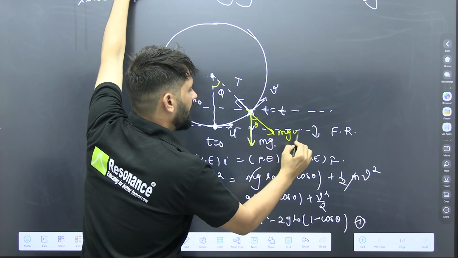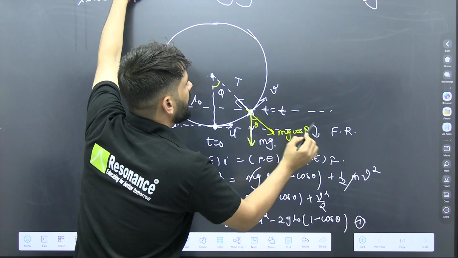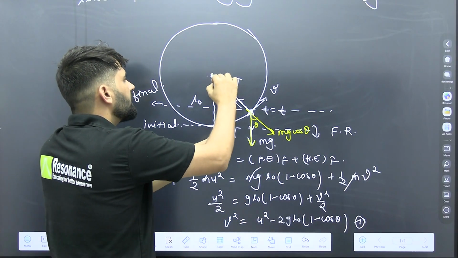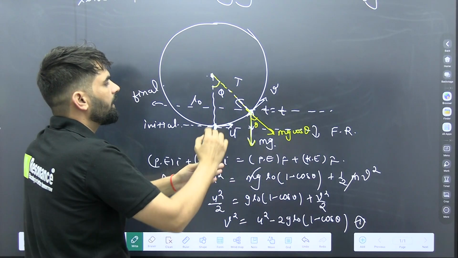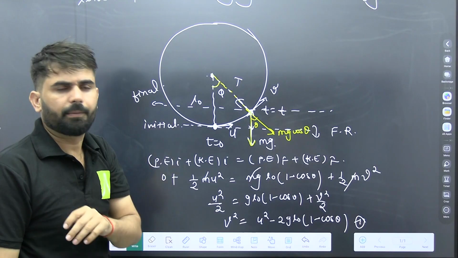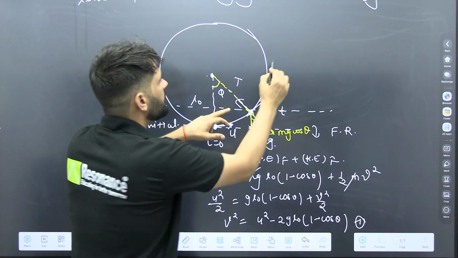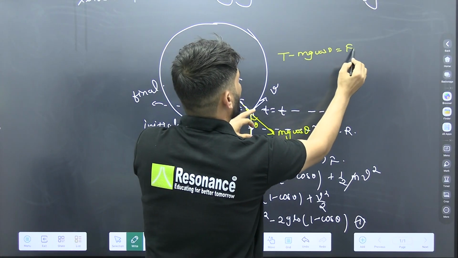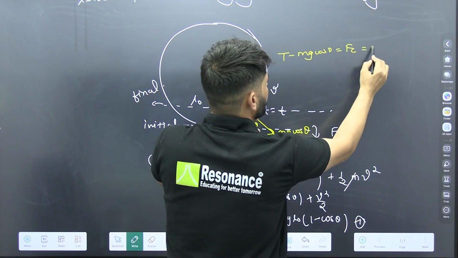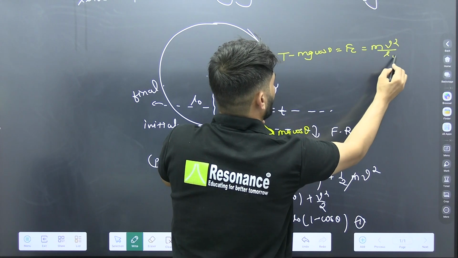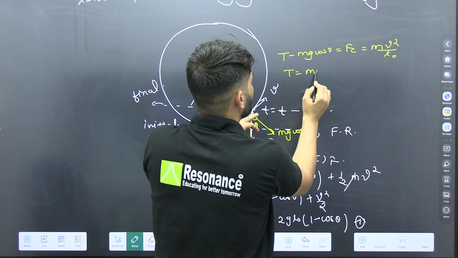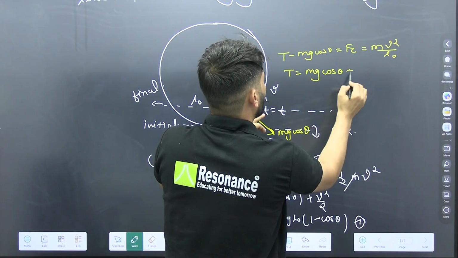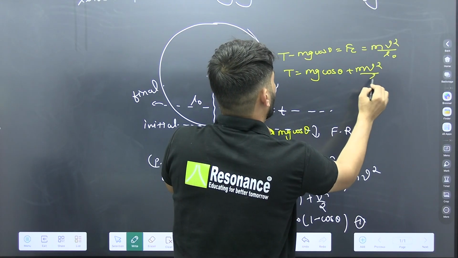Then this is mg cos theta. Particle is performing circular motion, that means there is a required centripetal force, and that required force is T minus mg cos theta equals Fc. Fc is m v square by L naught. T is equal to mg cos theta plus m v square by L naught.